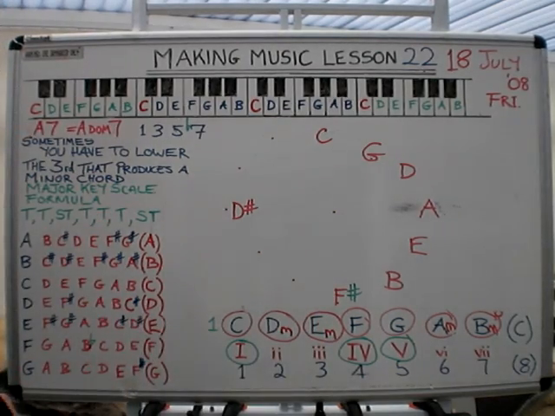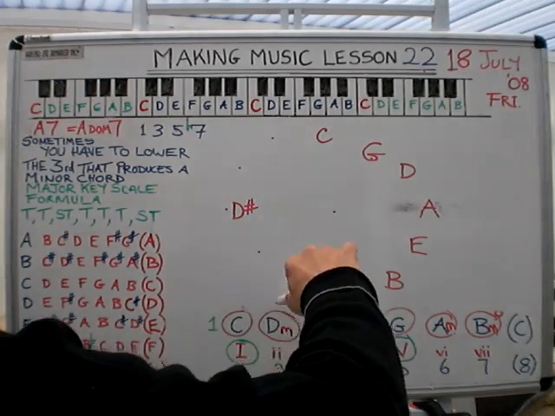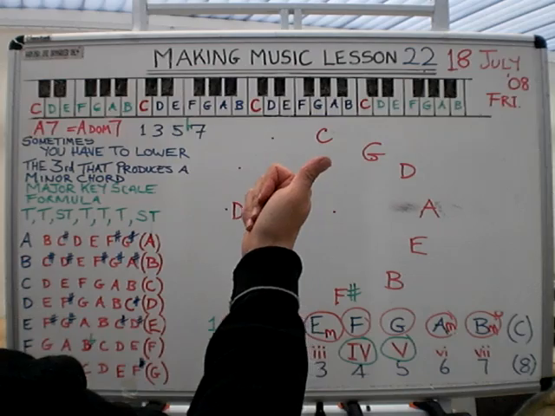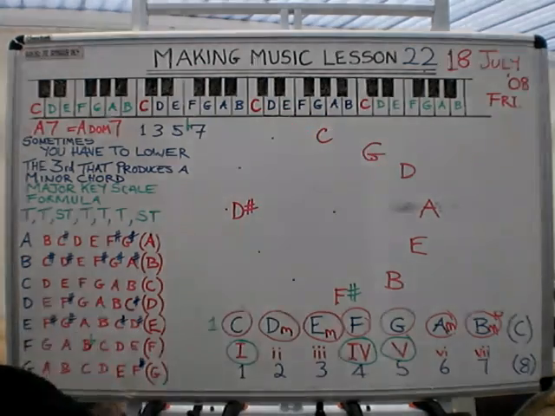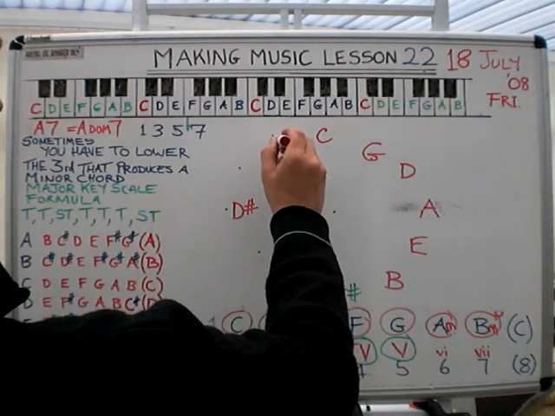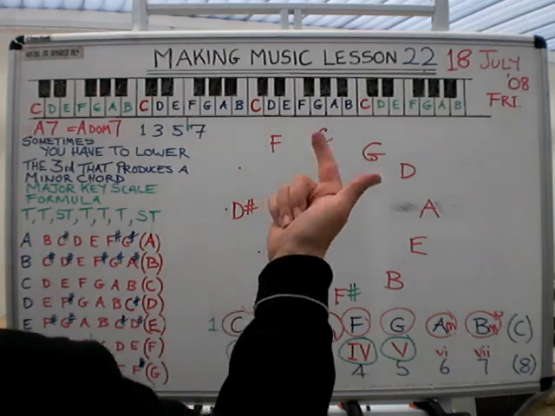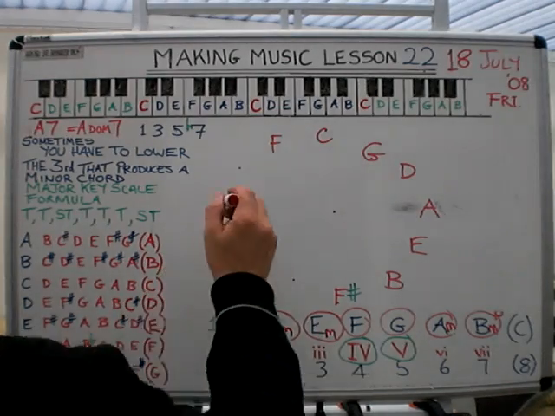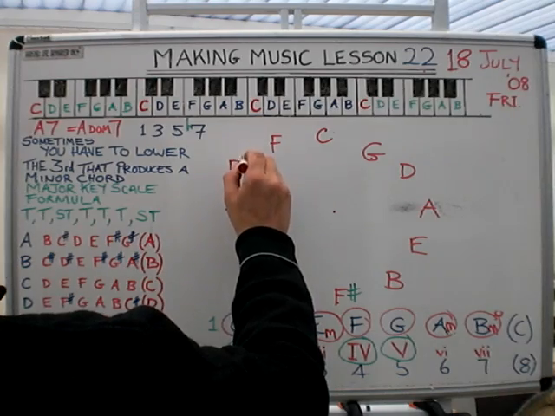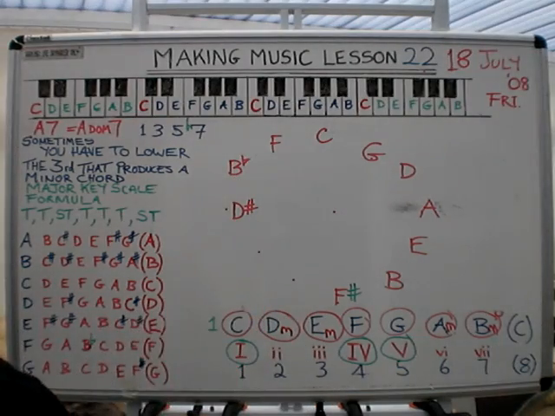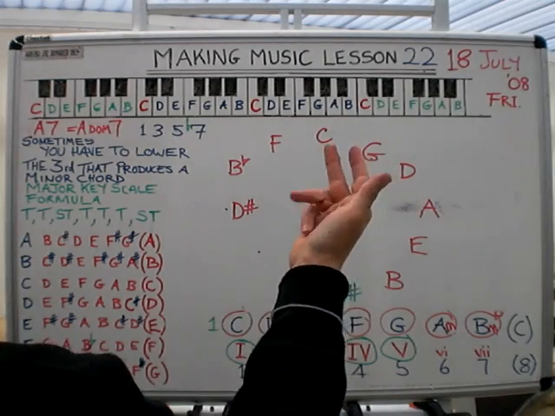Now, when we go anti-clockwise, I want you to count 4. From the C, C, D, E, F. F, G, A, B. Okay, but I want you to put B flat. From B to D, B, C, D, ah.